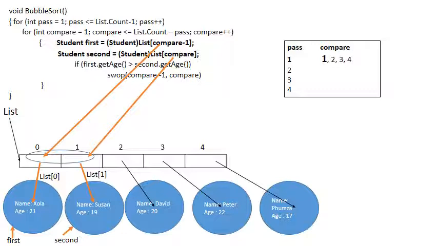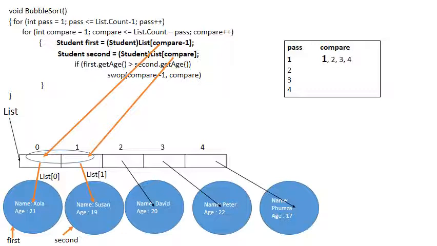Notice those 2 pointers point to the middle of the object because it's a generic pointer, and with those 2 pointers we can't do anything with the object. We can't get the age or the name, etc. So what we do is we typecast list[compare - 1] and list[compare], and we put the answer in first and second. So pointer first points to the object which list[compare - 1] points to, with the only difference it's now been typecasted.